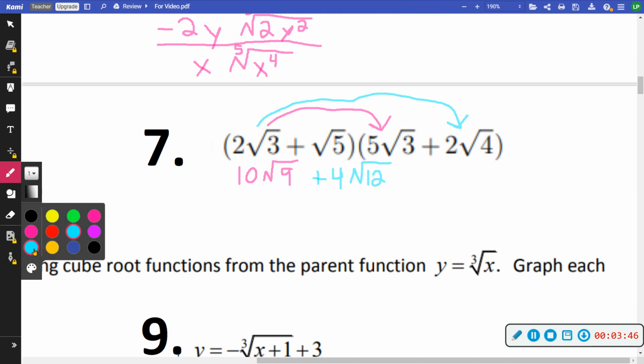I would then take square root of 5 and distribute that to 5 square root of 3. Remember, there's like a 1 there if you need it. 1 times 5 is 5. 5 times 3 is 15. So you just get plus square root of 5 square root of 15.